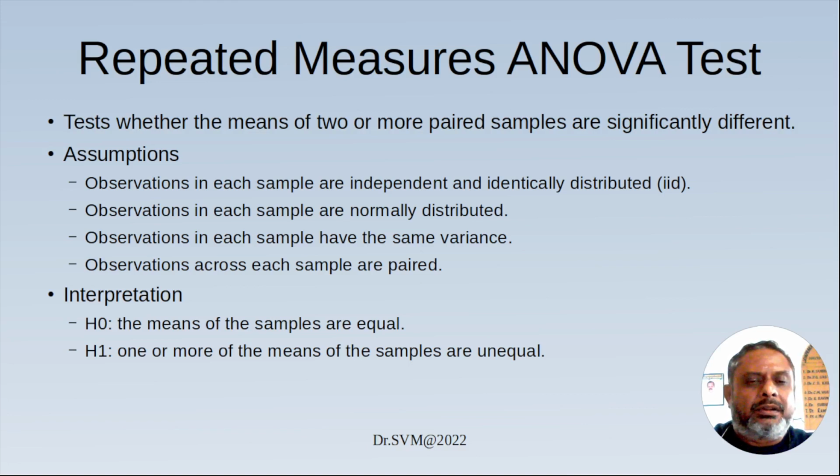And whatever the tool, we can always find a p-value for this test, and if the p-value is less than or equal to 5%, we can reject the null hypothesis and claim that at least one of the means of these samples is different from the others. If the p-value is greater than 5%, then we cannot reject the null hypothesis, which means that the means of all the samples are equal. That means mu1 equals mu2 equals mu3 equals mu4 and so on.